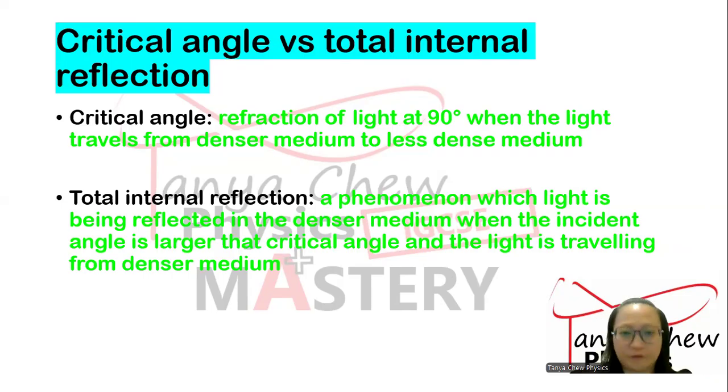Normally we use a simple experiment with light so that we can see. Total internal reflection is the phenomenon in which the light ray is reflected inside the denser medium when the incident angle of the light ray is larger than the critical angle of the denser medium, and the light must be traveling from the denser medium.